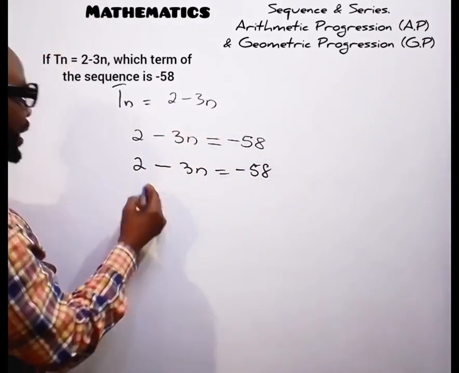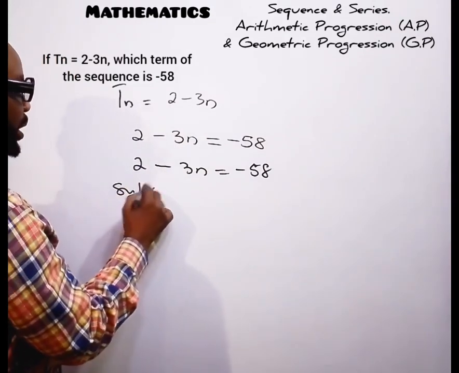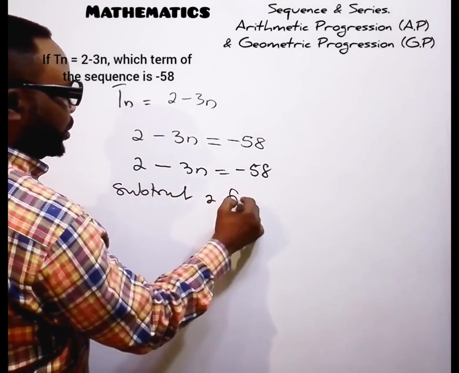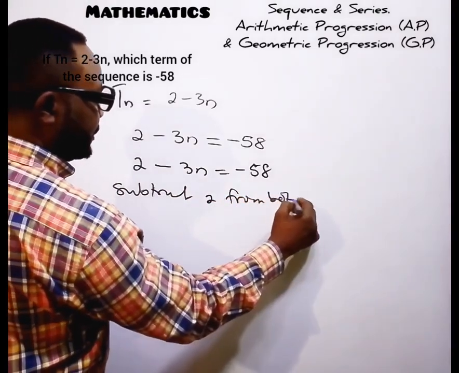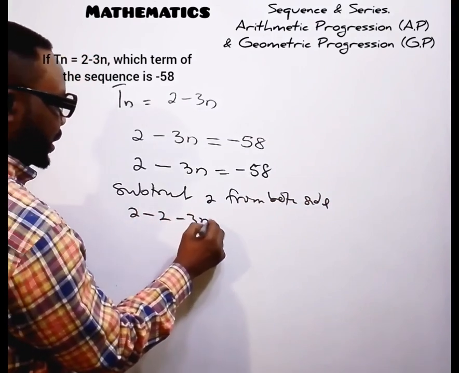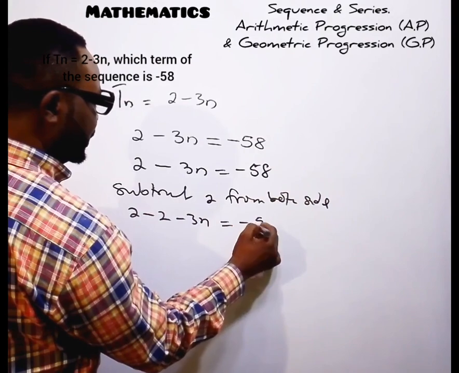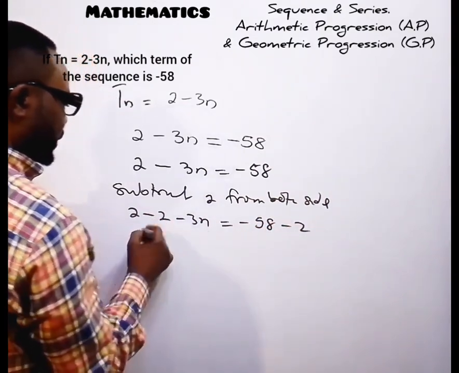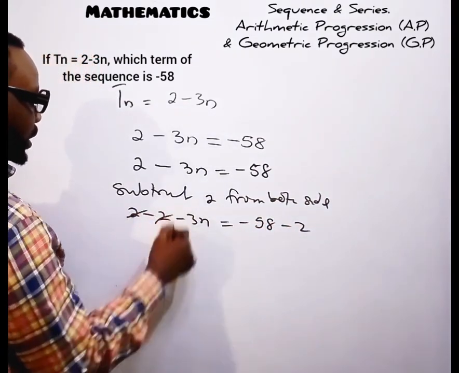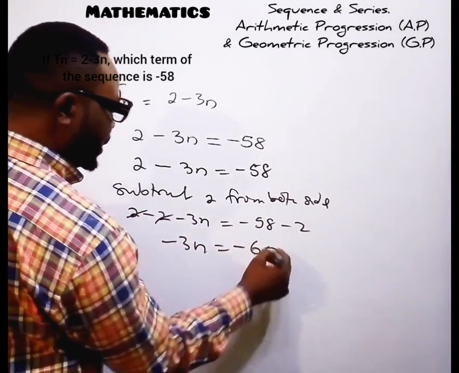We subtract 2 from both sides. So we have 2 minus 2 minus 3n is equal to minus 58 minus 2. The 2s cancel each other, so minus 3n is equal to minus 60.